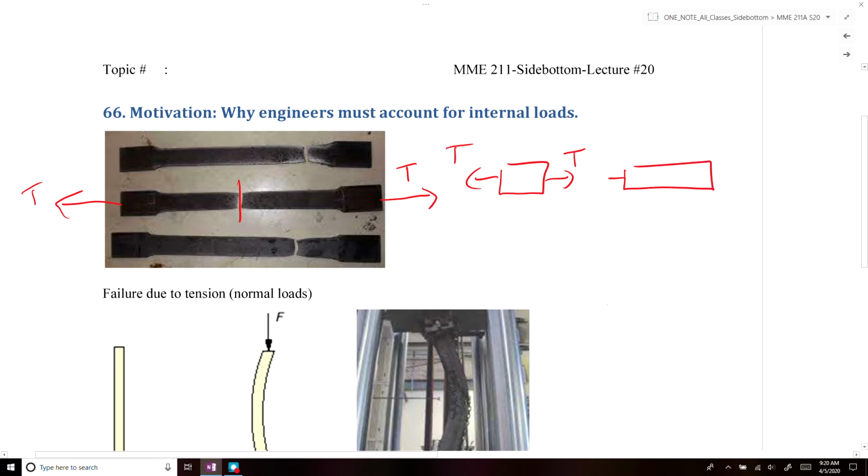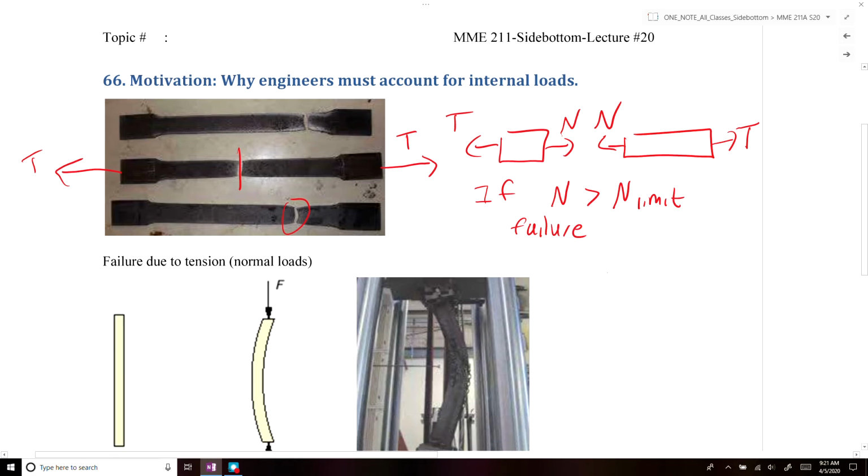This is our normal force, and it would likely cause a fracture at a given load. So if N exceeds the limit, failure would occur.